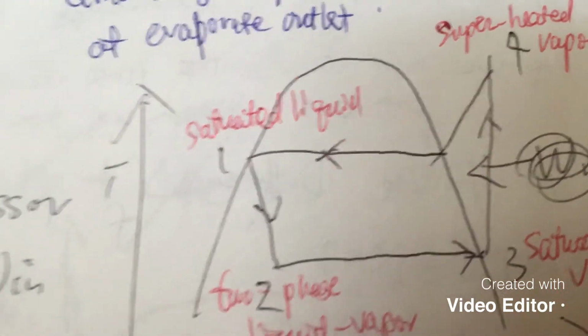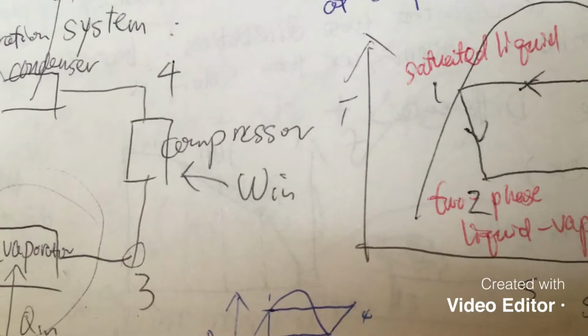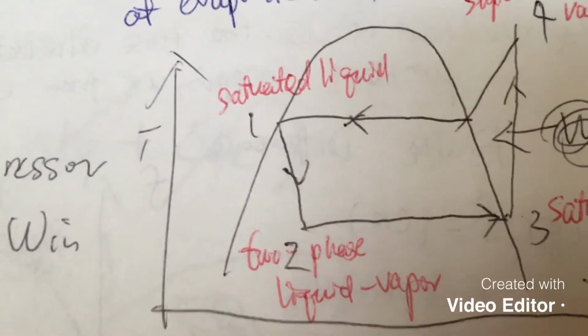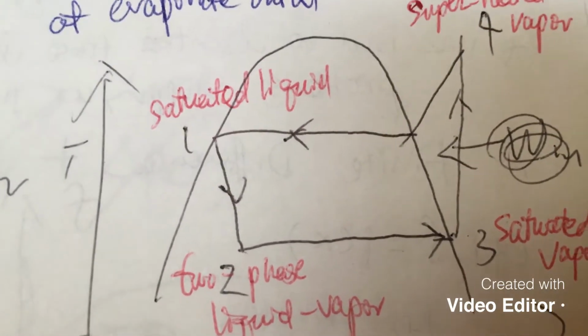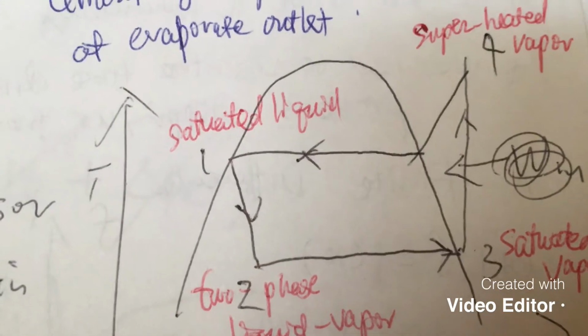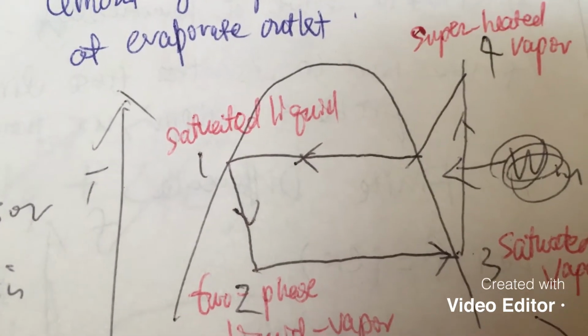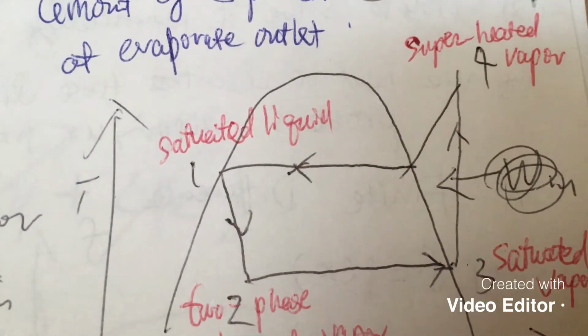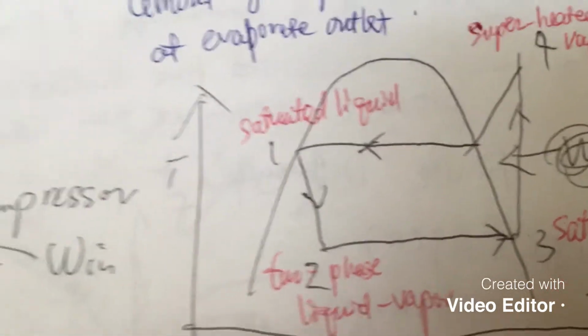Then 3 to 4. 3 to 4 is before and after the compressor. After you have compressed the refrigerant, you have received work. Obviously, the temperature rises. Okay, you get energy, right? Okay, so 4 is in the superheated vapor.